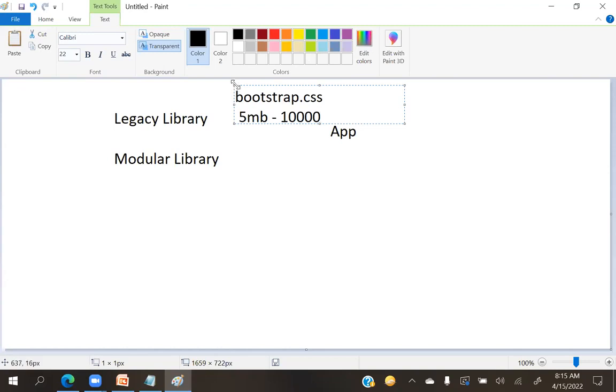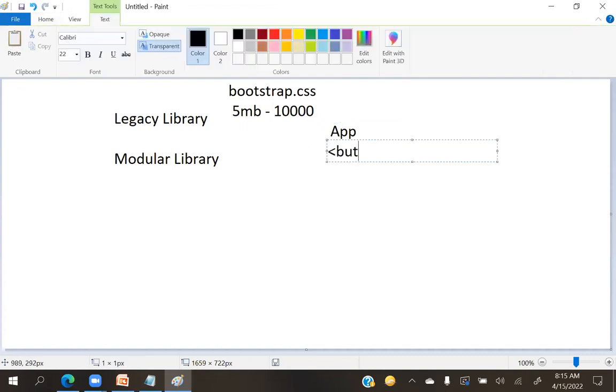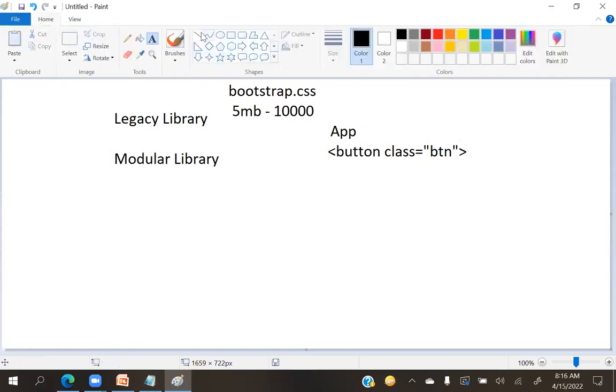That is its statistics. And what you are doing is, in this application, you are creating a button, and for that button, you are using a class btn, which is a Bootstrap class. That means you are using only one class, and for this class, you are importing this entire file.